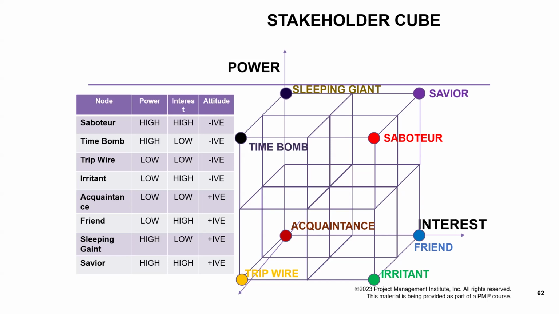I hope this sheds a new light on the whole scenario, but this is a different way of representing the stakeholder cube. I leave it to you to decide if at all you are ever to use a stakeholder cube. You can choose your own parameters. You don't have to be using the power, urgency, and legitimacy, or power, interest, and attitude.